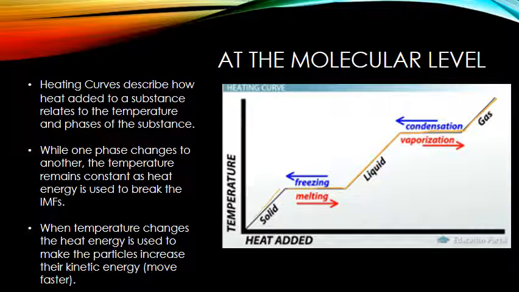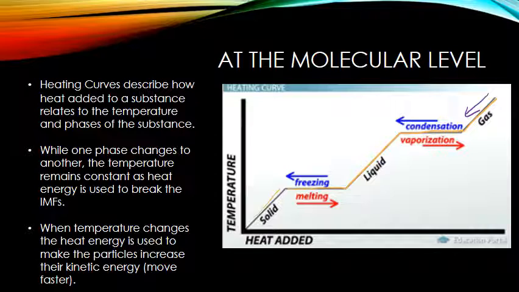We can also look at this in reverse and go the other way and think about it, the gas condensing into a liquid, the liquid cooling, and then the liquid freezing into a solid, and the solid being cooled to a lower temperature.